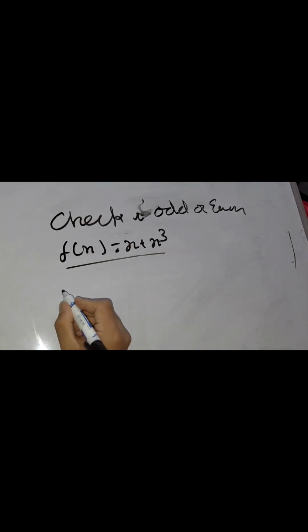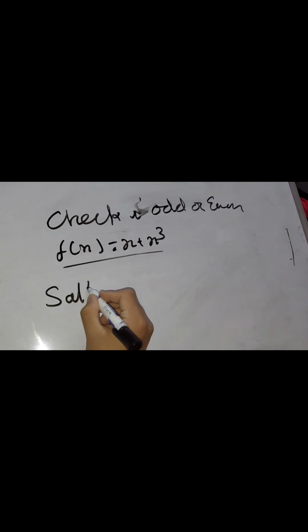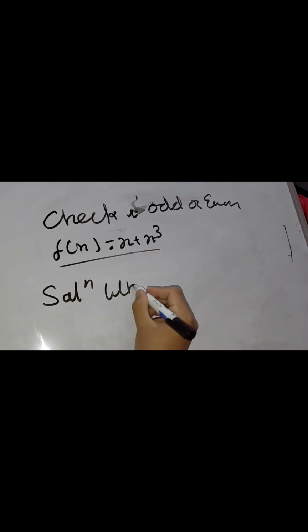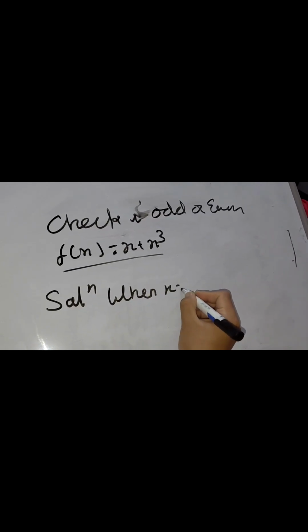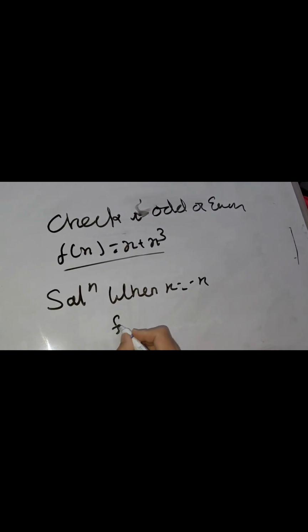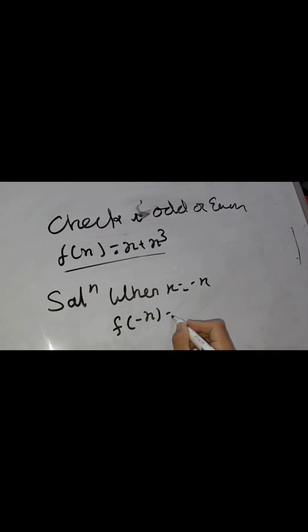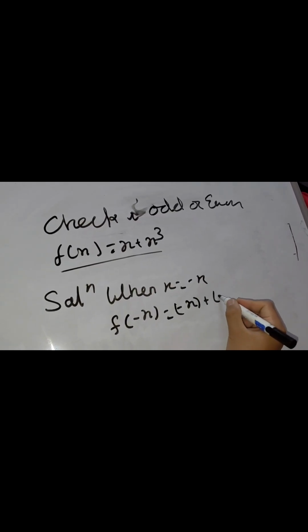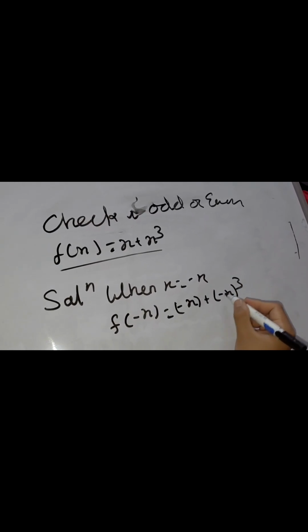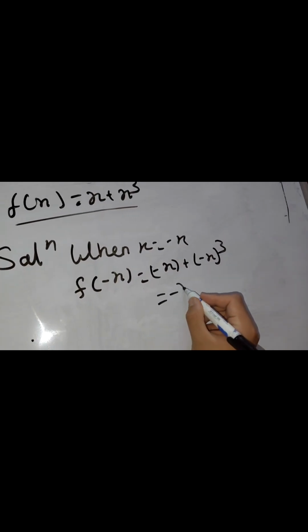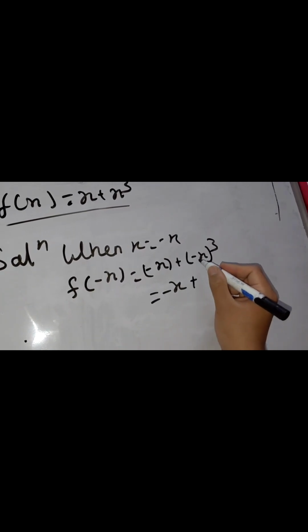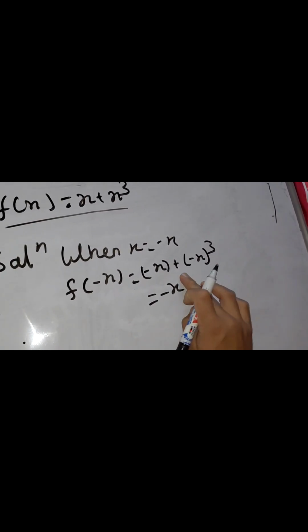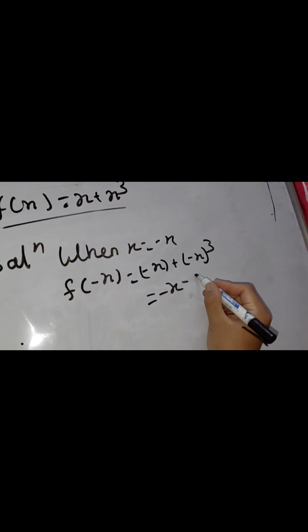Now, solution: when x is equals to minus x, f of minus x is equals to minus x plus minus x whole cube. Minus x remains as minus x, plus minus x whole cube is what? Minus x cube. So we can directly write it.